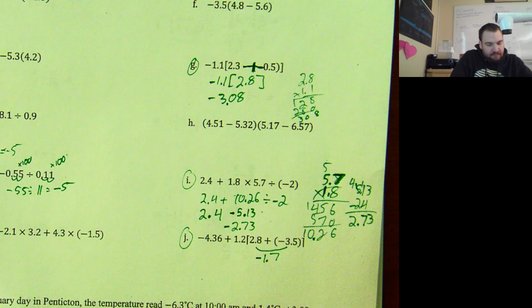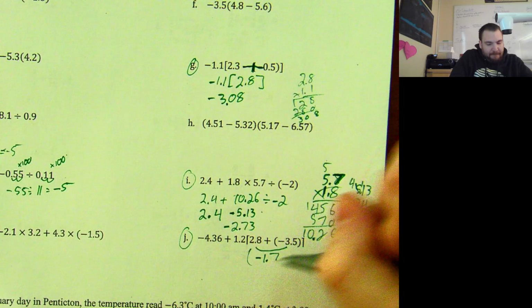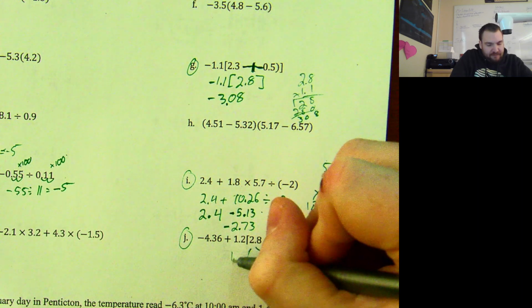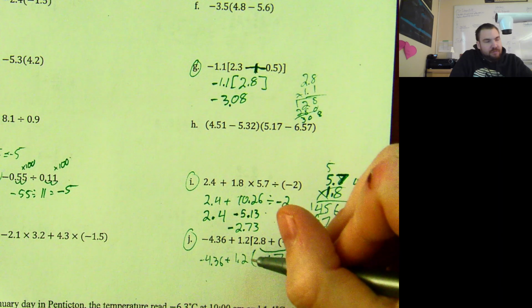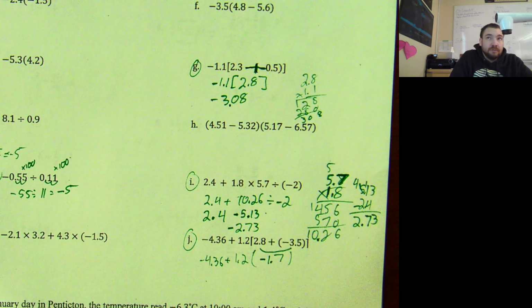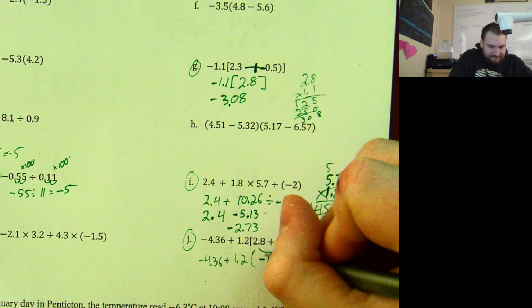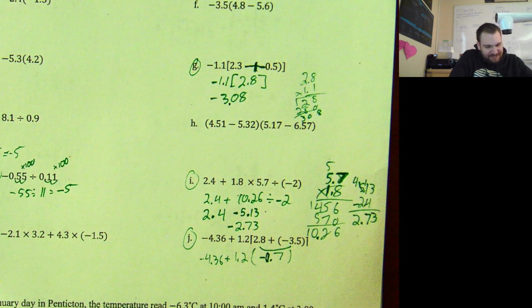I think. And then I'm going to multiply by 1.2. Is this number right? Yep. Thank you. That makes more sense. 1.7 wasn't looking right. Negative 0.7 makes more sense.